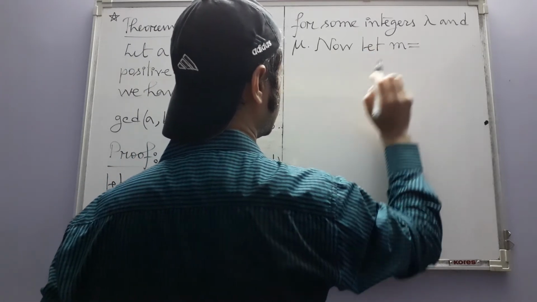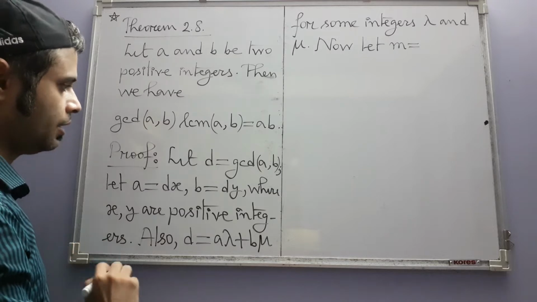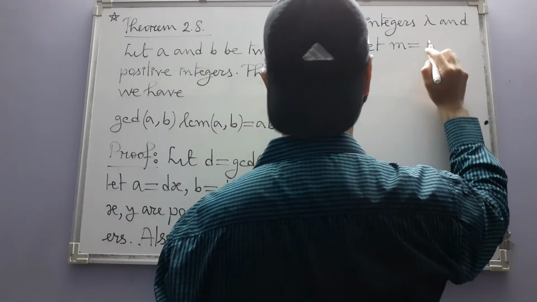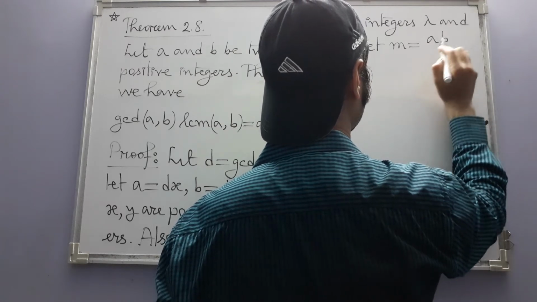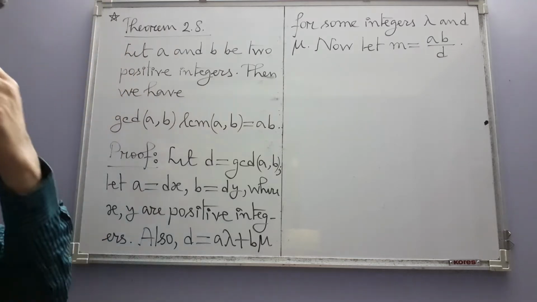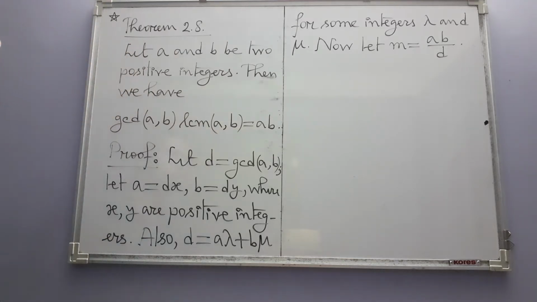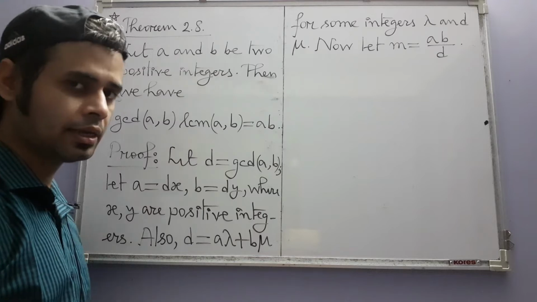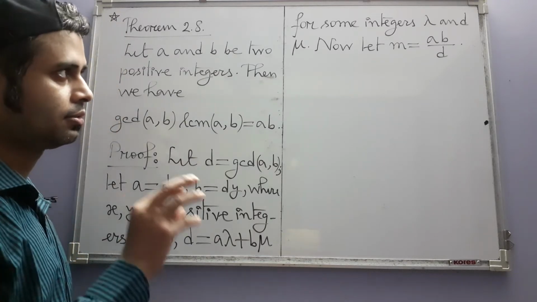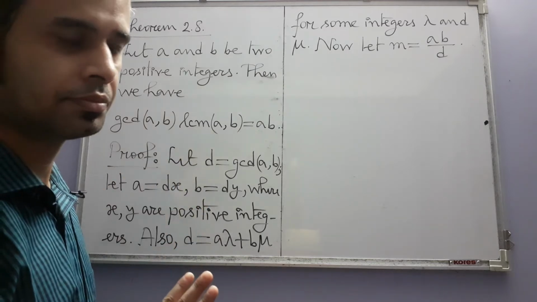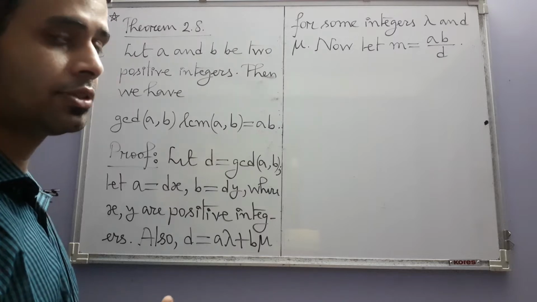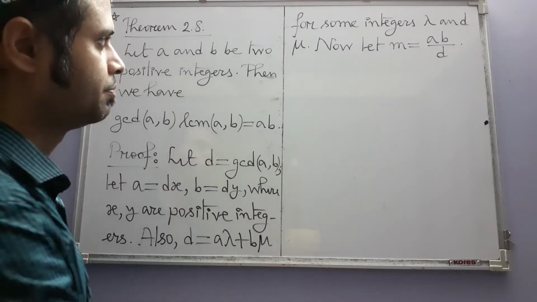Okay, so now next what we do, let us consider this quantity M to be AB divided by D. So we have multiplied A and B and we are dividing that integer by D, and that quotient we are calling M. Now first of all we need to see that M itself is actually an integer.